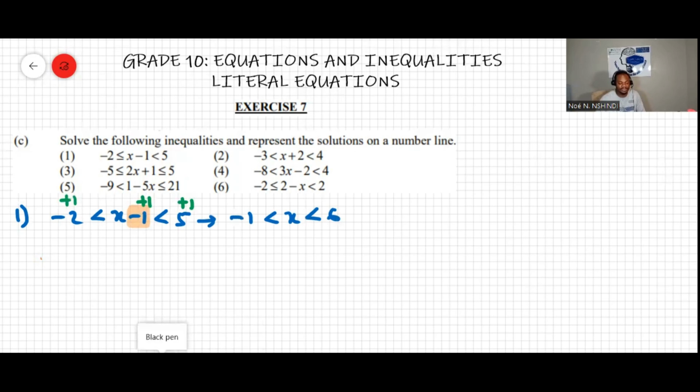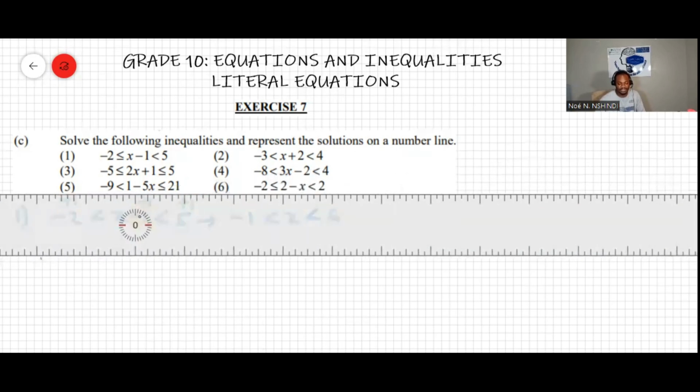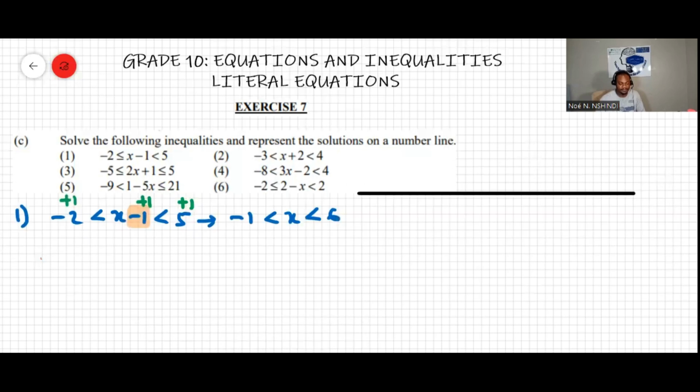So in the number line, I'll draw something like this, and my critical values here are -1 and 6. Here it was less than or equal, so by -1 I must put a full circle, and by 6 I must put not a full circle but an open circle, to say that this limit is not reached.